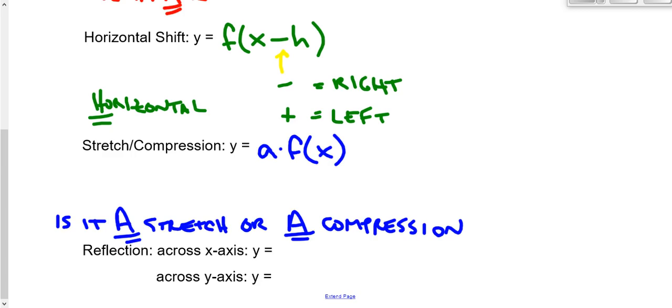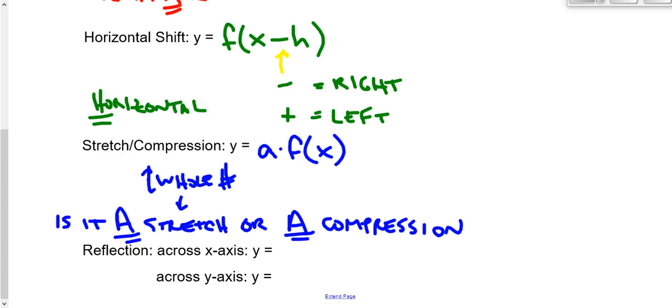And one final note about the stretching and compressing is that if we are stretching, getting bigger, it means that we are multiplying by a whole number. If we multiply things by whole numbers, they get bigger. So it's going to stretch up and down, okay? It's going to stretch this way, up and down.